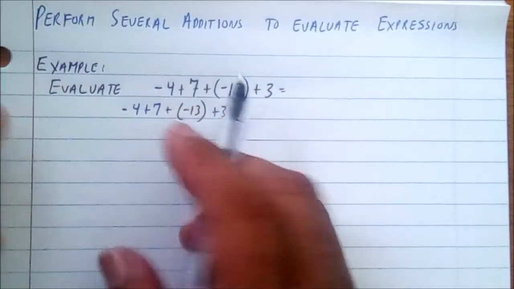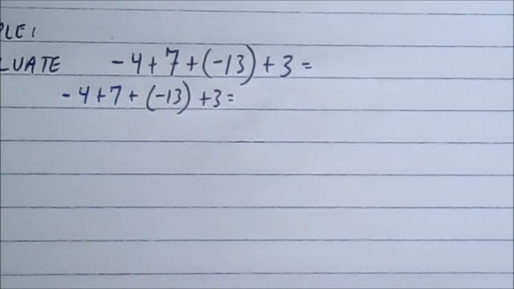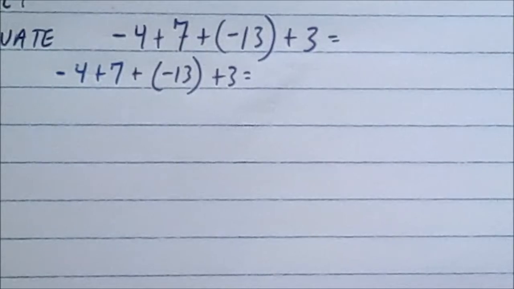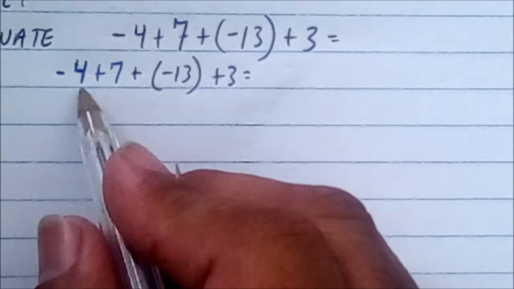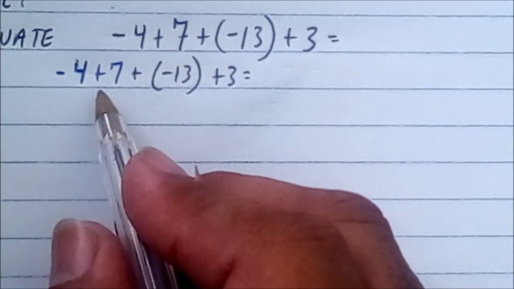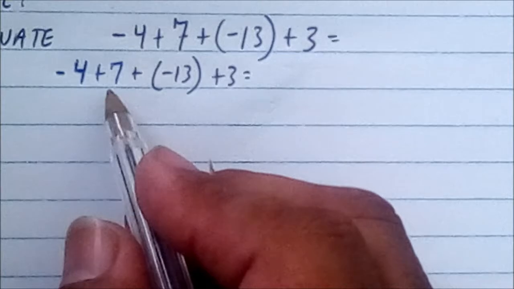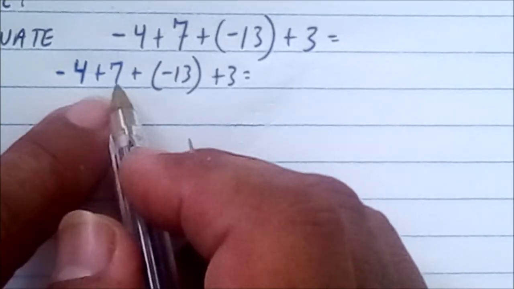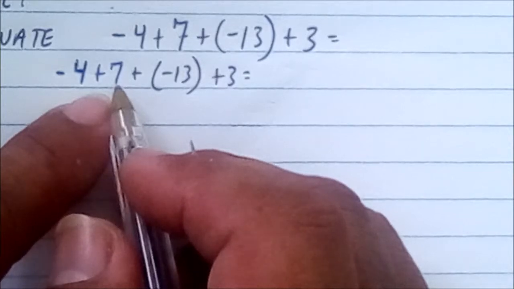So let me zoom in so you can see it much bigger. Now I'm working with negative 4 plus 7. Using the rules for adding two integers that have different signs, negative 4 plus 7 is going to give us 3.